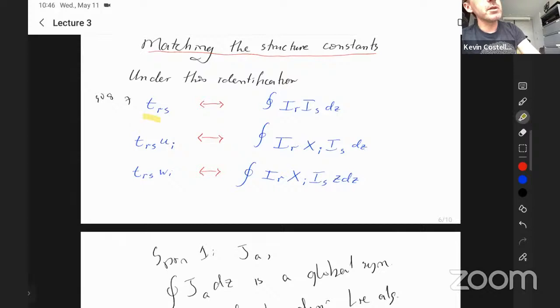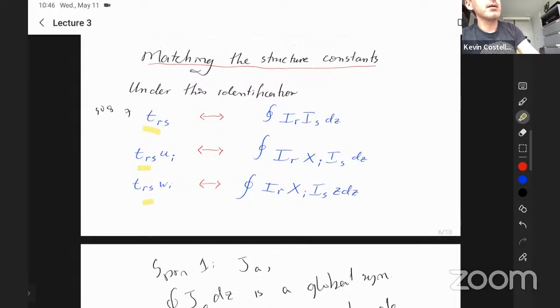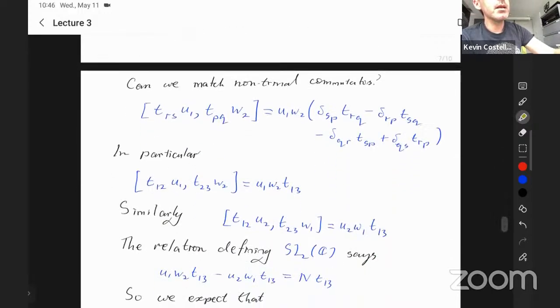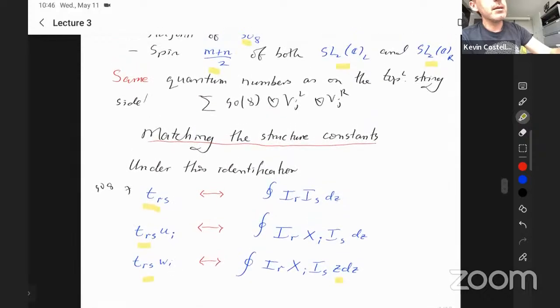Then I have those functions which are linear in the coordinates, T_RS u_i and T_RS w_i. These are going to get sent to I x_i. The distinction between the u_i and the w_i is whether or not there's a Z, dZ, or just a dZ. And the same happens as you go down.